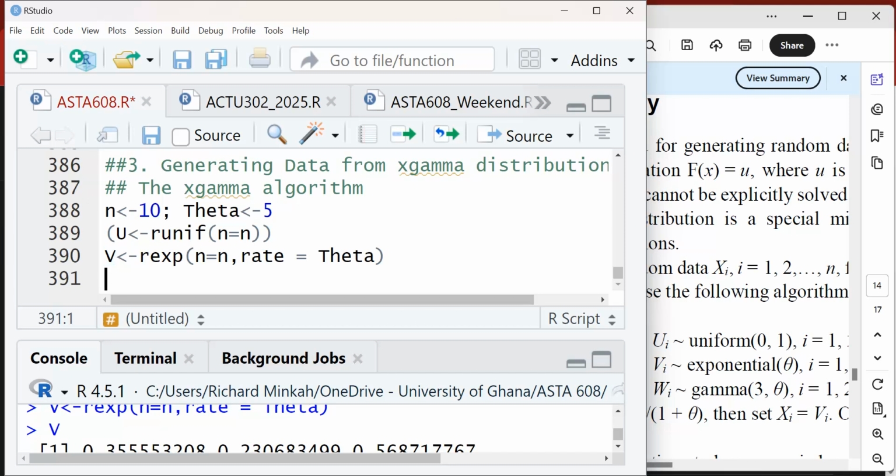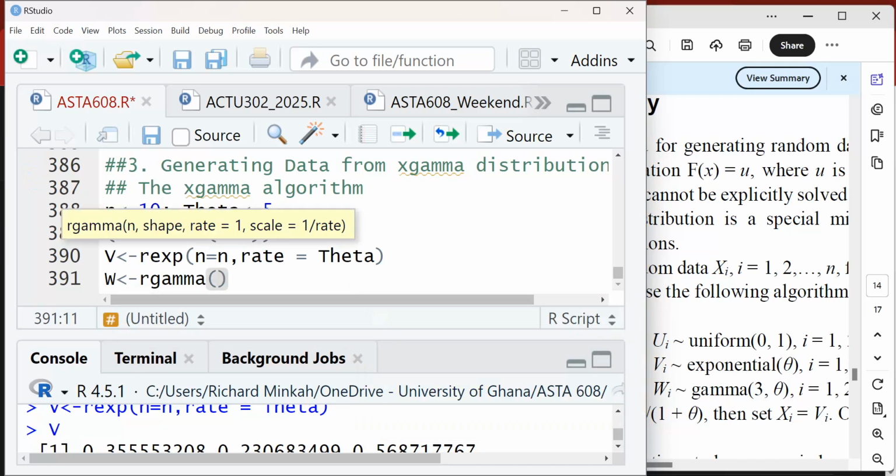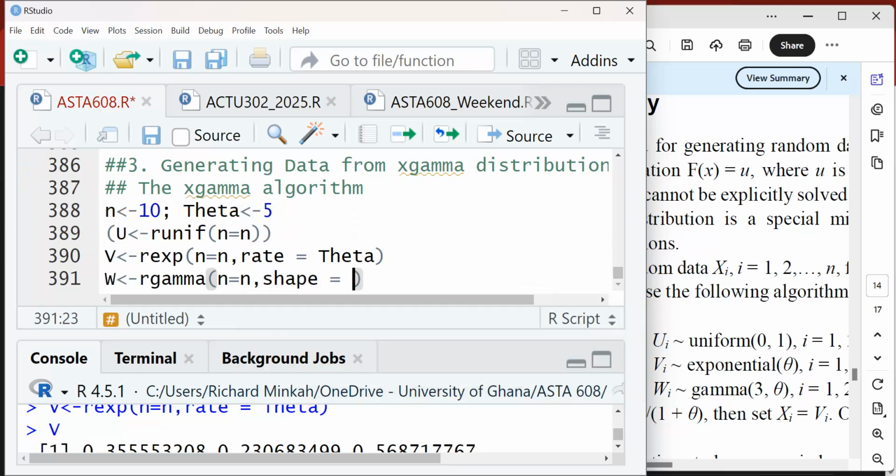Okay, next is W, right? And W is a gamma. So we are going to use our gamma. N is equal to n. Then the shape is equal to what? 3. Is that okay?